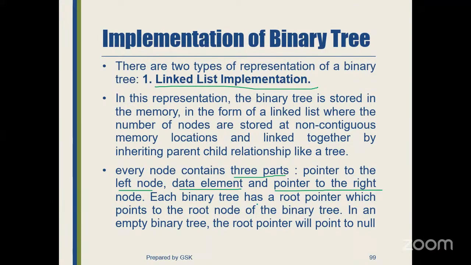Each binary tree has a root pointer which points to the root node of the binary tree. We know that already, right? In an empty binary tree, the root pointer will point to null, that is, it doesn't point to anything. That is an empty binary tree.